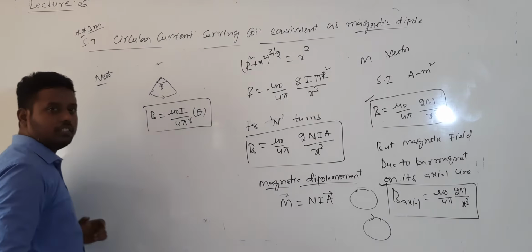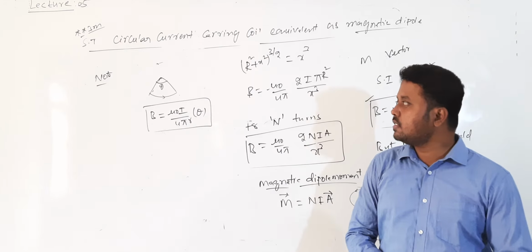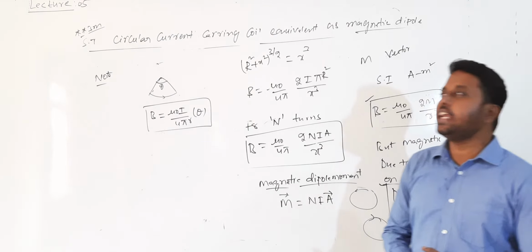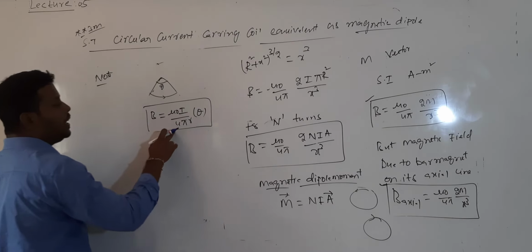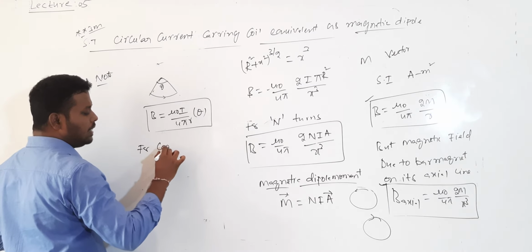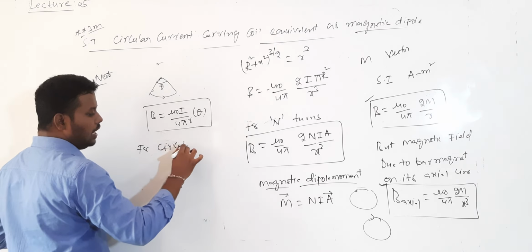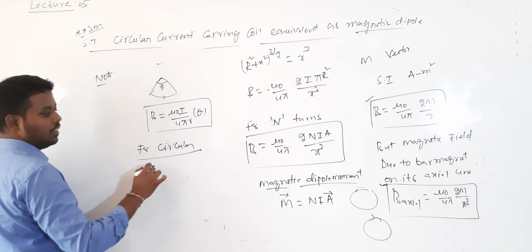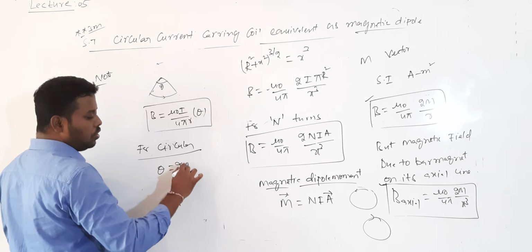We can derive this. Due to a circular coil, circular loop or arc making an angle theta, the magnetic field is given by mu naught I by 4 pi r into theta, for a complete circle or for a circular arc. For a circle, what is the theta value? For a circle, theta is 2 pi.